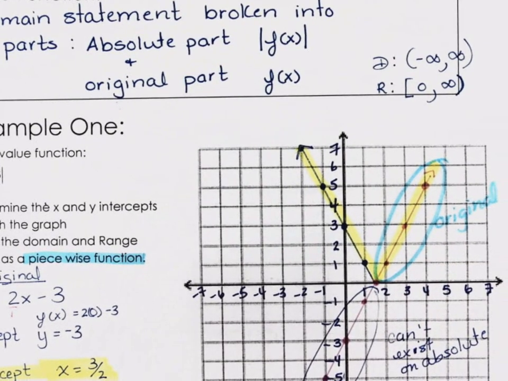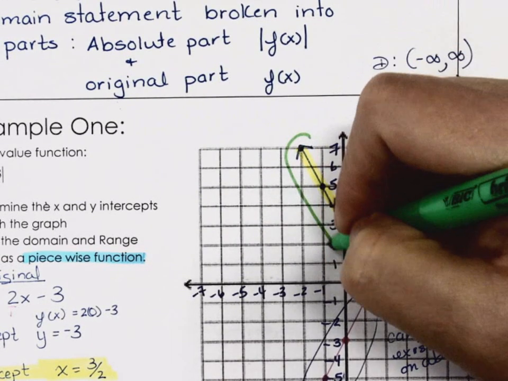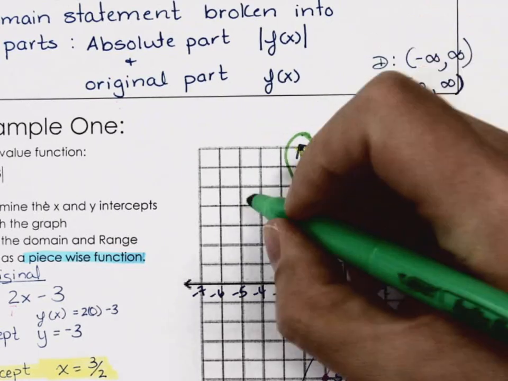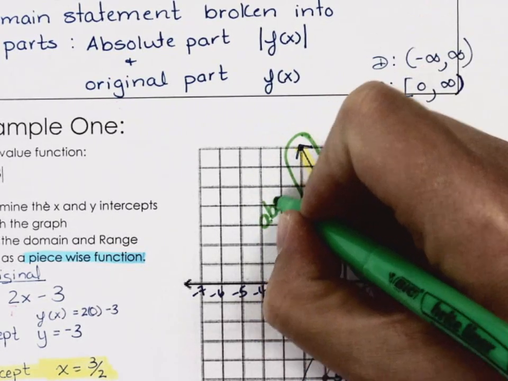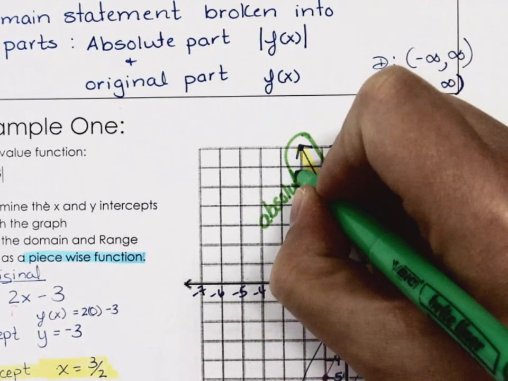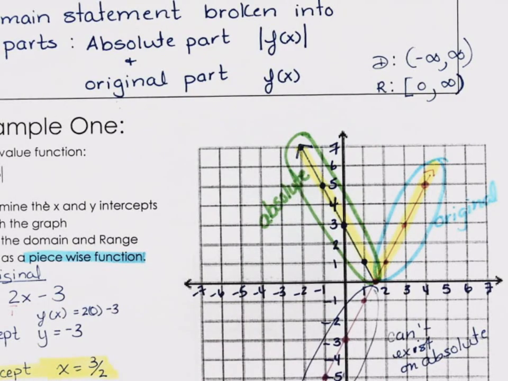And what part of the graph did we flip? The blue part, right? So this is the thing that changed with the absolute value.